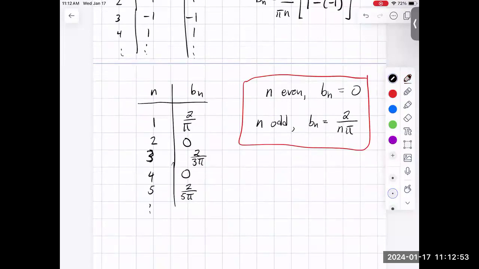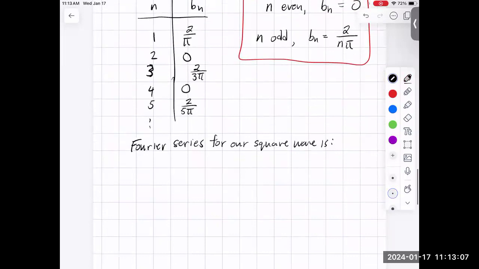So the Fourier series for our square wave is, okay, let's see. Let's just write down the generic Fourier series. It was A0 over 2 plus the sum from n equals 1 to infinity of an cos nx plus bn sine nx.